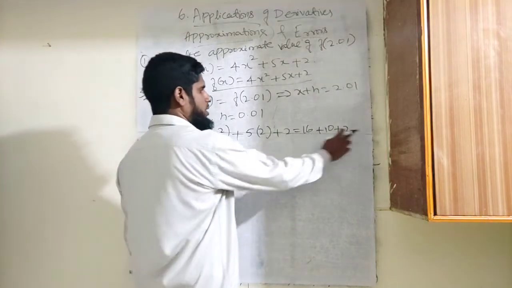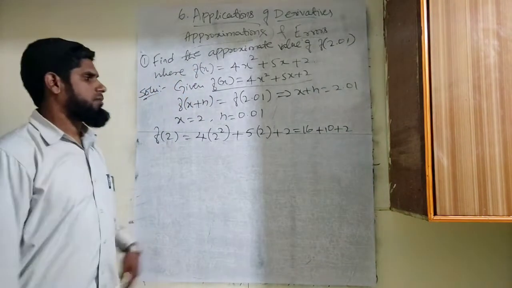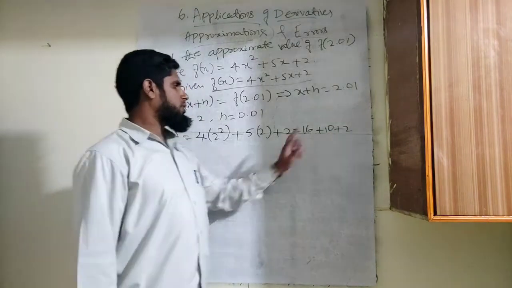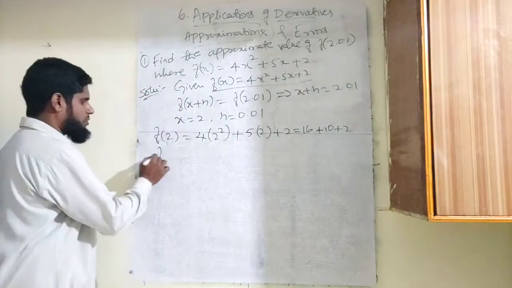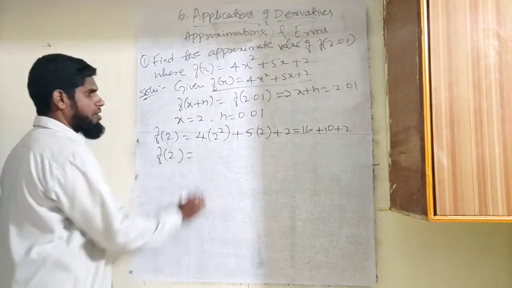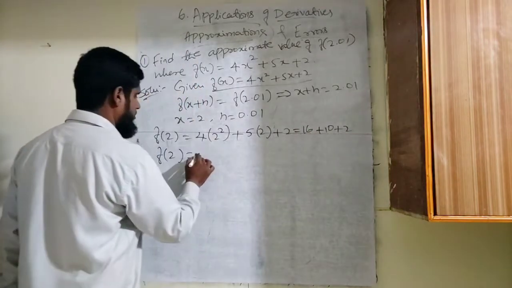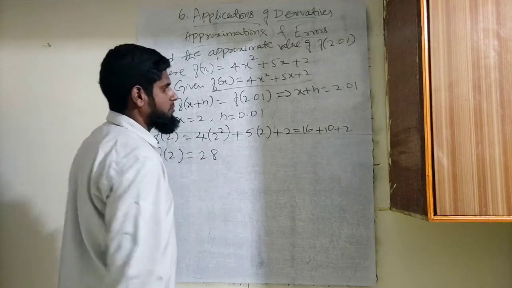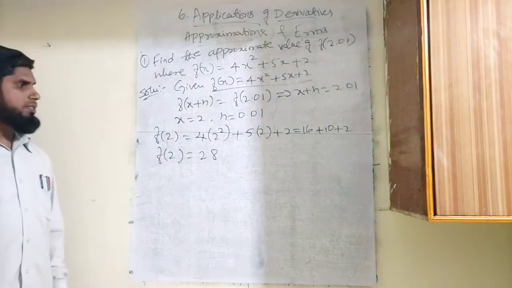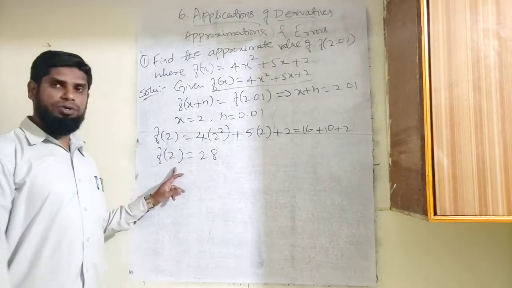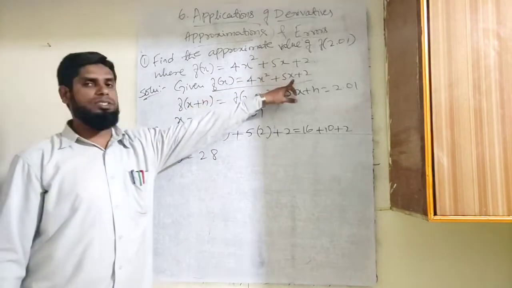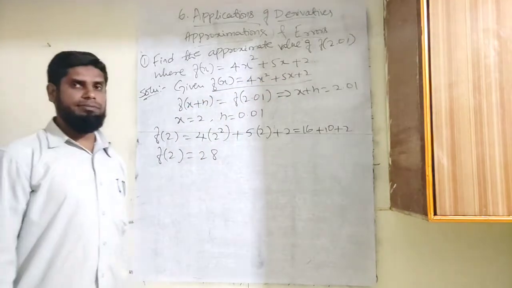So how much is it? 12 plus 16 is 28. The f of 2 in this function, I will get 28.